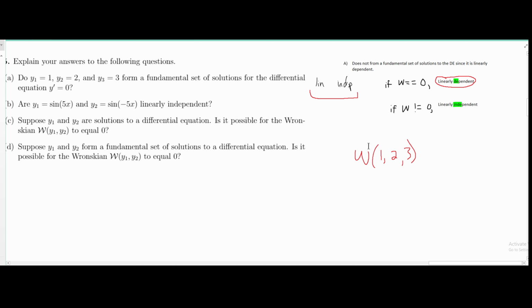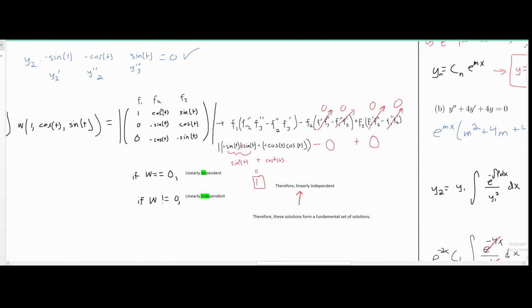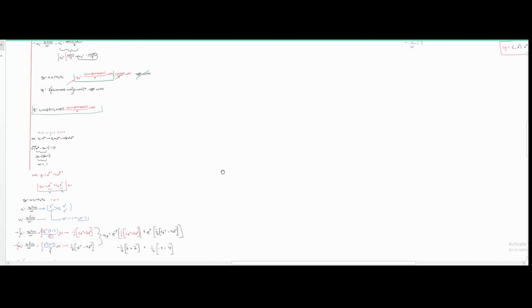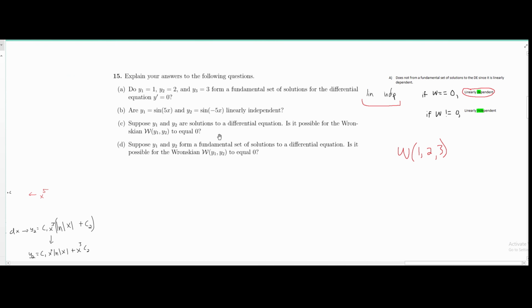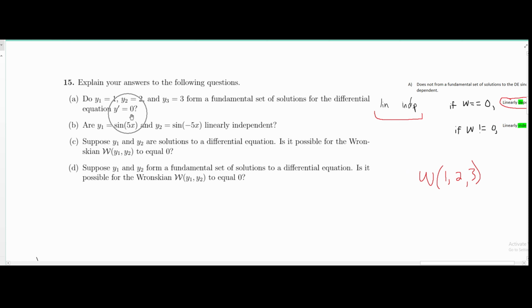It's better to write out the Wronskian: plug all these values in and show that they equal 0. That would be a great way to prove why this does not form a fundamental set of solutions.